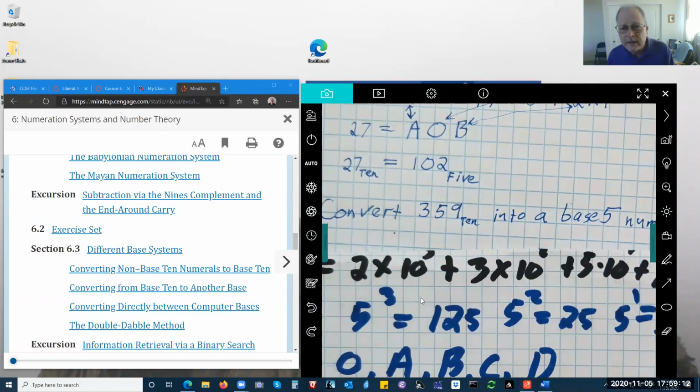Okay. Let's see if we tried for three, 125s would make 375. That's too much. That won't go. Okay. So we can only fit 2 of them in there.